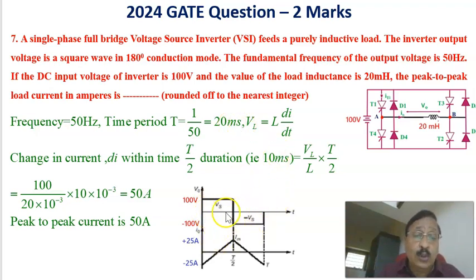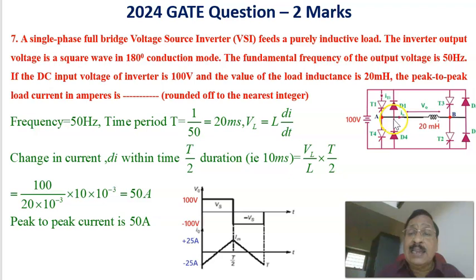During the high period, when T1 and T2 are conducting, the duration is 10 milliseconds. During these 10 milliseconds, what is the change in current? The voltage across the inductor is the same as the supply voltage, 100 volts, and the inductance is 20 millihenry.